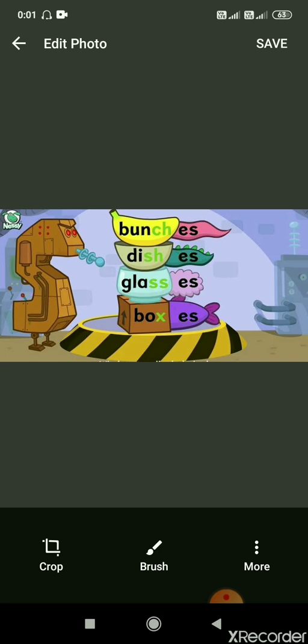Now last word is box, and it ends with the letter x. Again we add es to this word to make it plural, and we get the word as boxes.